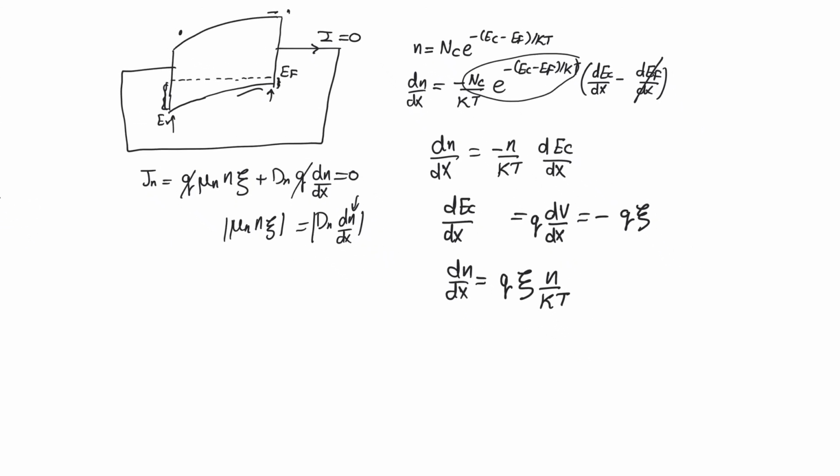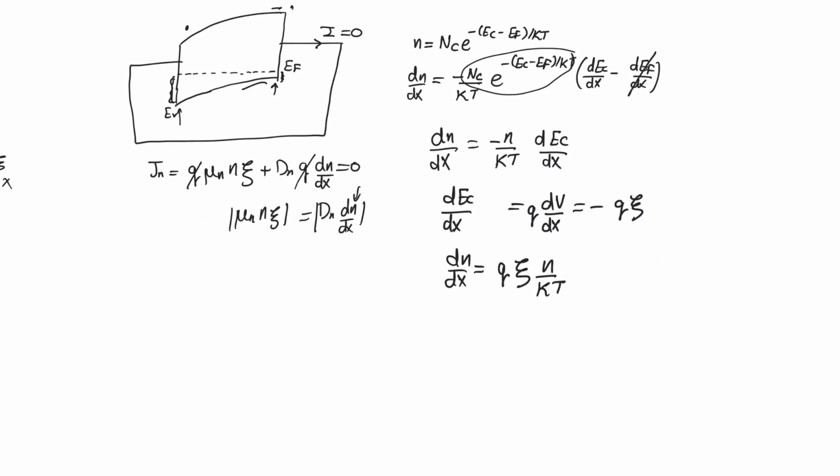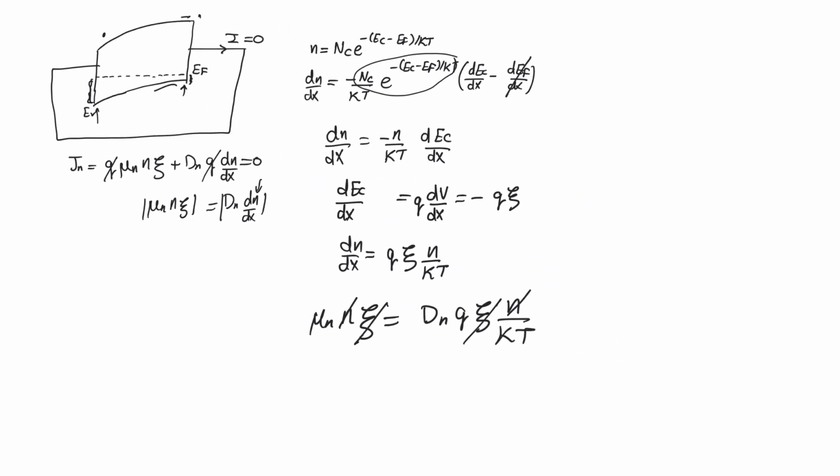And we know that D_n times dn/dx is equal to mu_n times E. So starting out with this, mu_n times the electric field is equal to D_n times q times the electric field times n over kT. Now n is going to cancel with n, and the electric field is going to cancel with the electric field, and this gives us a relationship which is that D_n is equal to kT over q times mu_n.